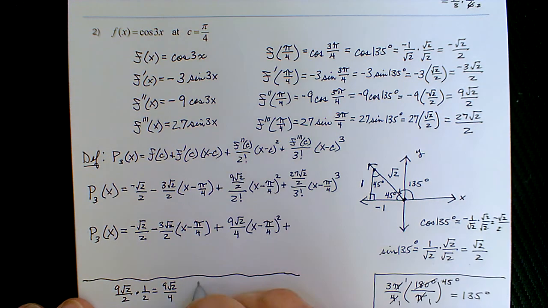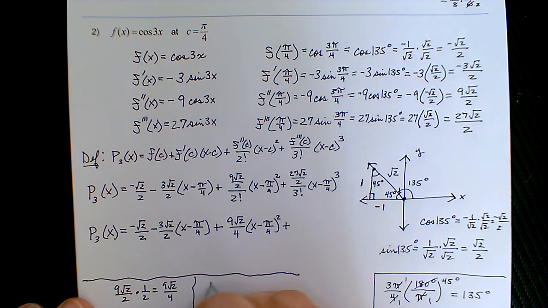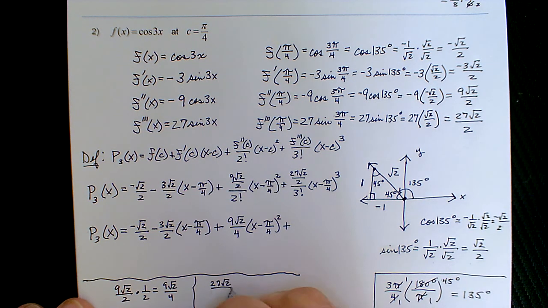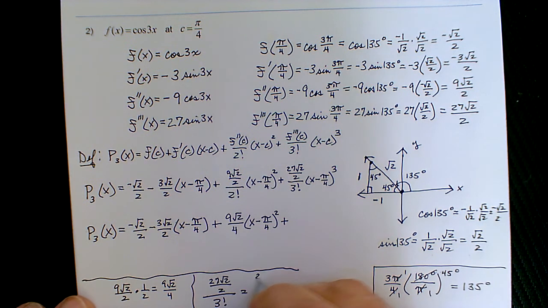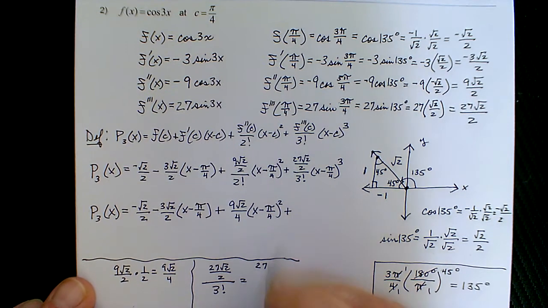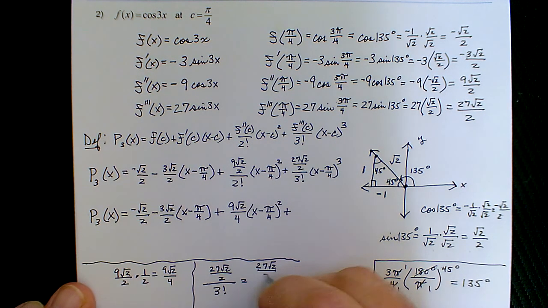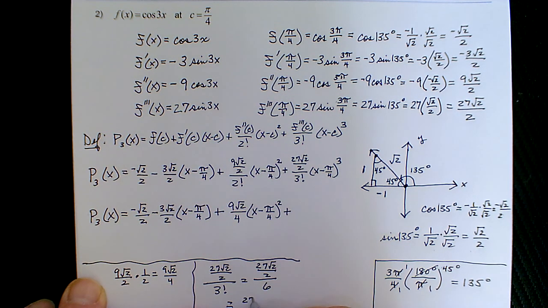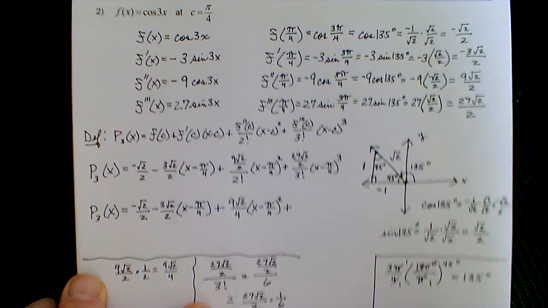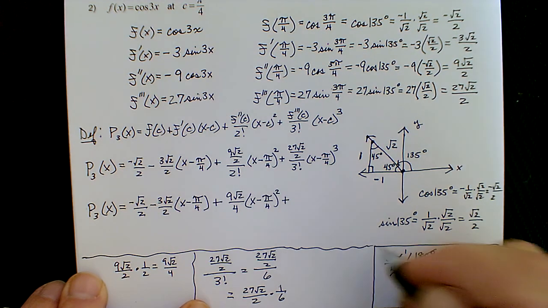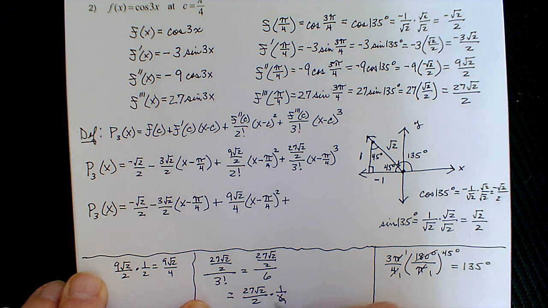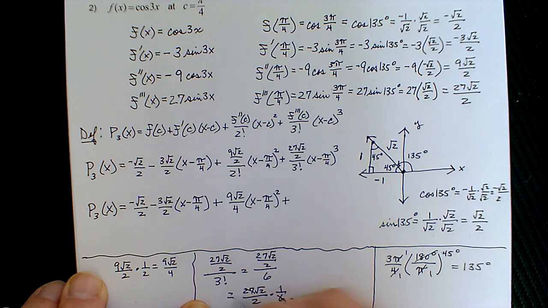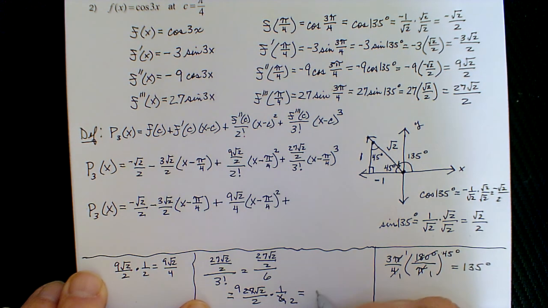And then similarly here, 27 radical 2 over 2 divided by 3 factorial is 27 square roots of 2 over 2 divided by 6, which is 27 square roots of 2 over 2 times 1/6, and then the 6 and the 27 can cancel. 3 goes into 6 twice, into 27 9 times.